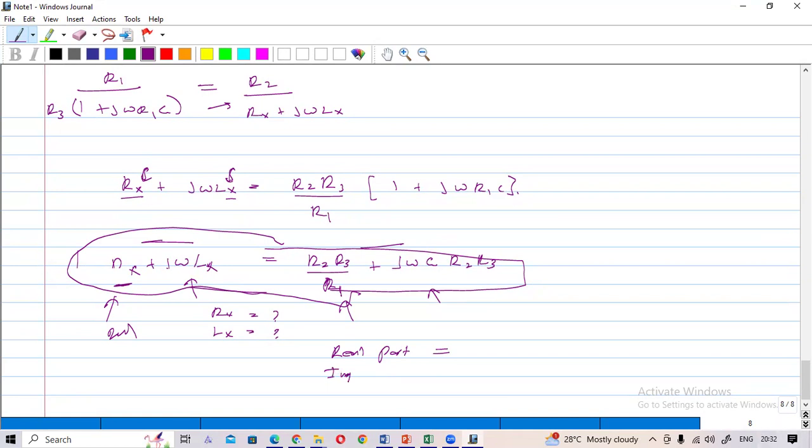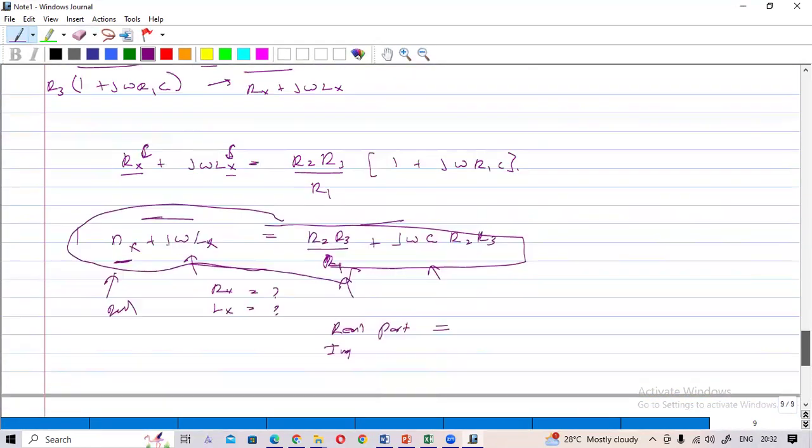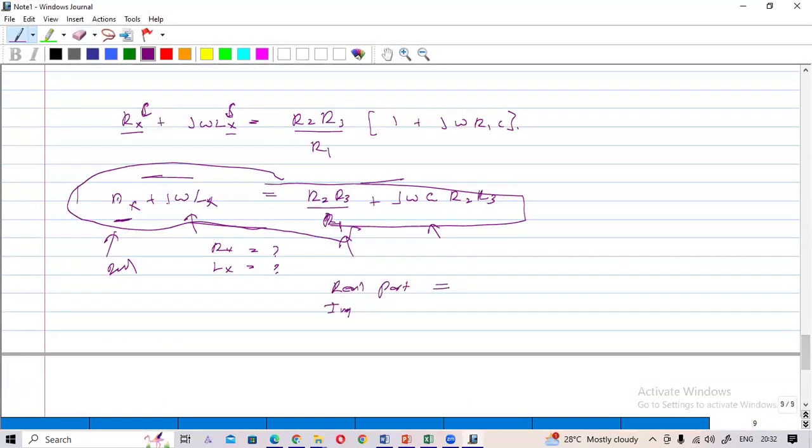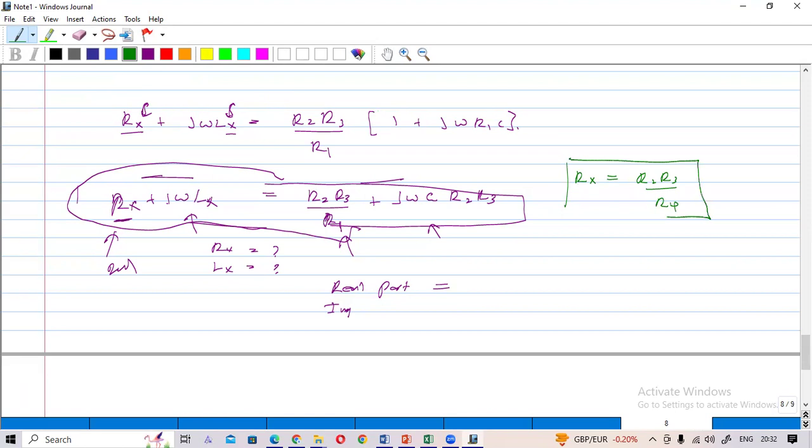So here Rx is the real part. Rx is equal to this real part, R2 R3 divided by R1. Then you can find the unknown Rx.